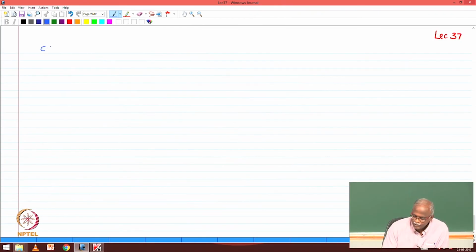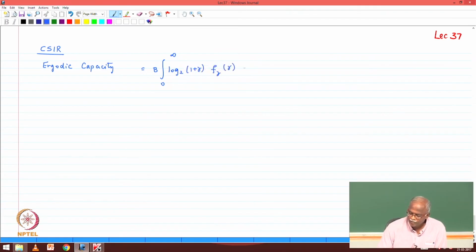summary. So, the case of CSIR, how can we summarize the CSIR? CSIR says that ergodic capacity is what we are trying to achieve. Ergodic capacity is given by the integral from 0 to infinity of B times log base 2 of (1 plus gamma) f_gamma(gamma) d gamma.